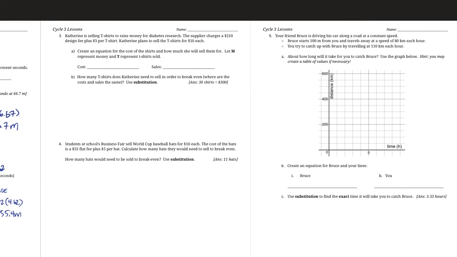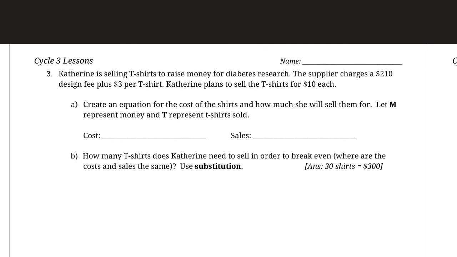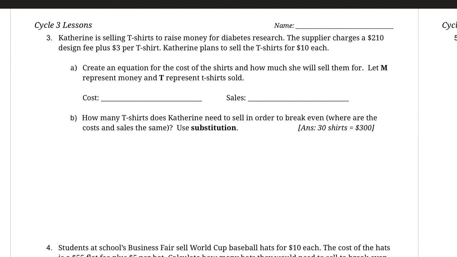So there are some more questions here, and I want you to try these. They're a little bit tricky, but for question 3, I'm actually going to help you get set up. Notice, by the way, how the answers are all on the page, so you can double check as you go that you have the correct answers. So Catherine's selling t-shirts. The supplier charges a $210 design fee plus $3 per shirt.